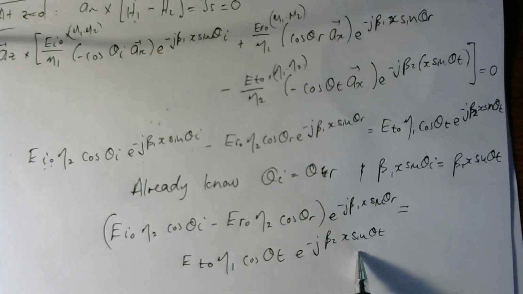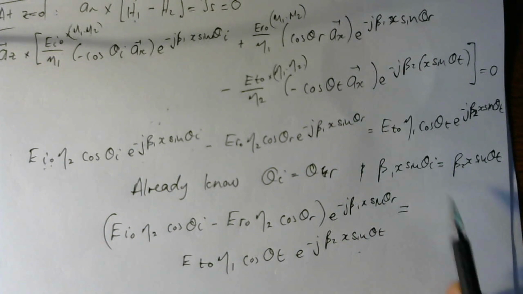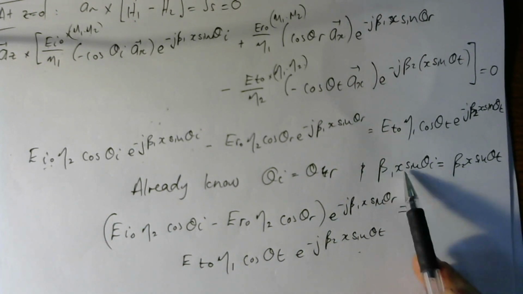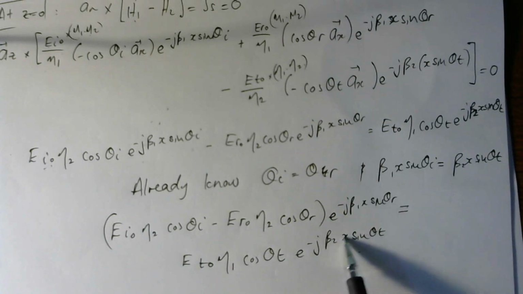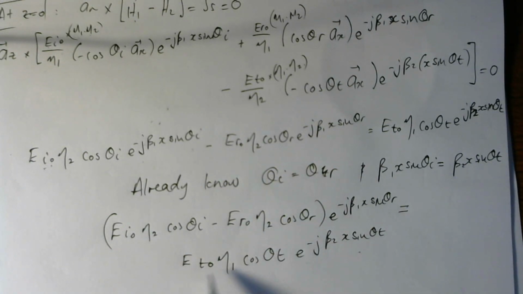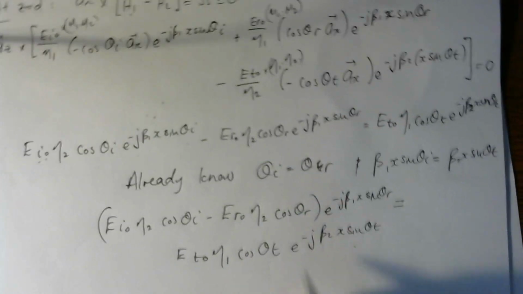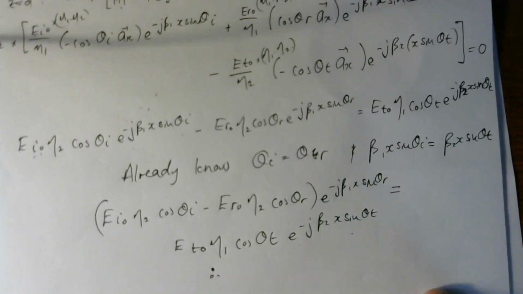Okay, so that is in effect equal to that, because I have beta 1 x sine theta I equal to beta 2 x sine theta t, exactly what's here. So this part and this part have to be the same. So I have another equation.